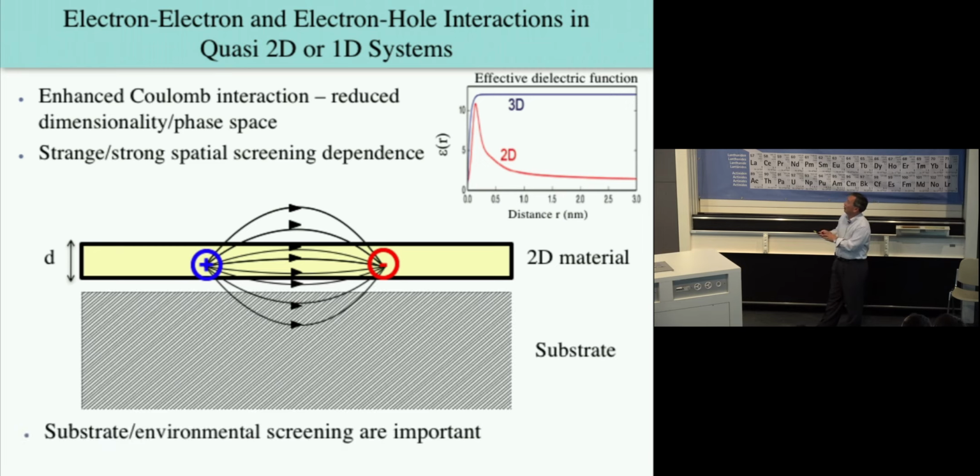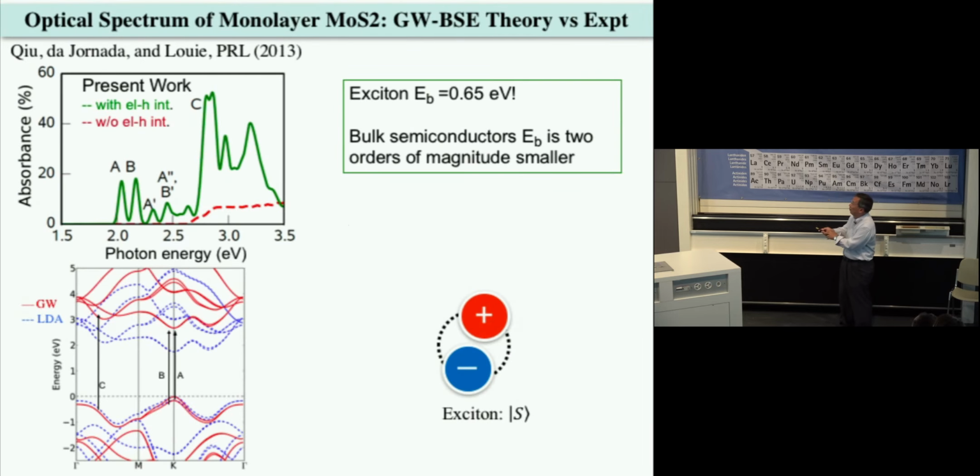In a bulk semiconductor, what you expect is epsilon as a function of distance: at small distance it is 1, and then it quickly goes to a constant after a few bond lengths. But in 2D, what happens is that you start at 1, then it peaks, and then quickly decreases back to 1 again. And the distance over which it peaks is related, of course, to the thickness of the film of the material, and now we have an atomically thin system.